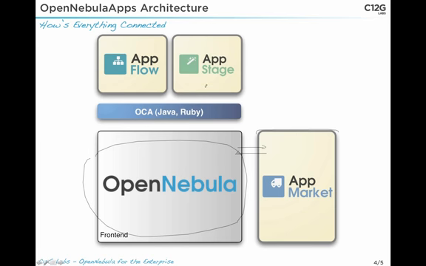Here is a more high-level interaction through the OpenNebula Cloud API, which is basically what the Upstage and Upflow applications needed to do. Okay, so if there are no more questions on architecture, let's start with the demo.